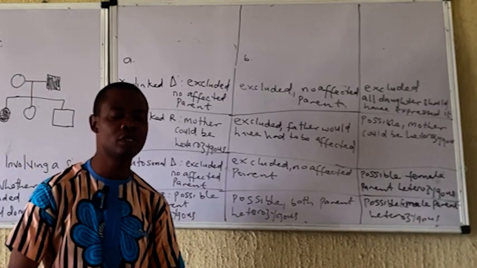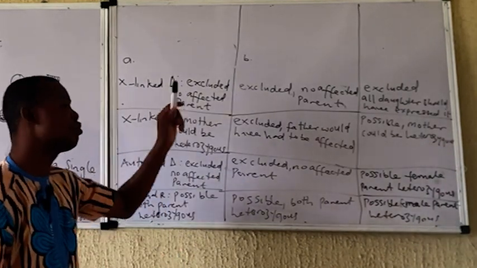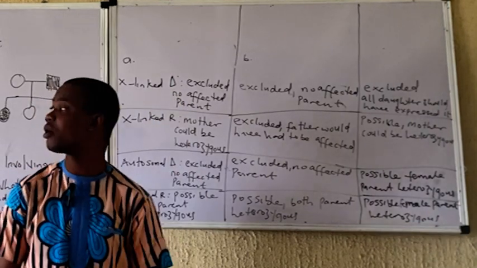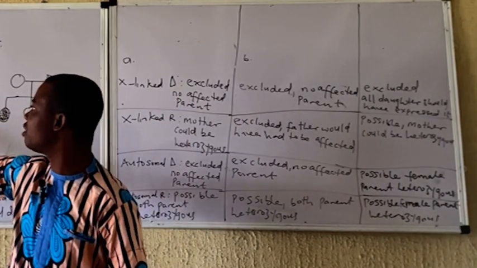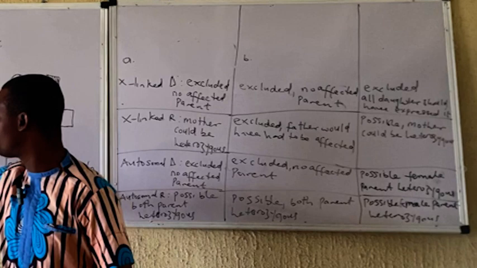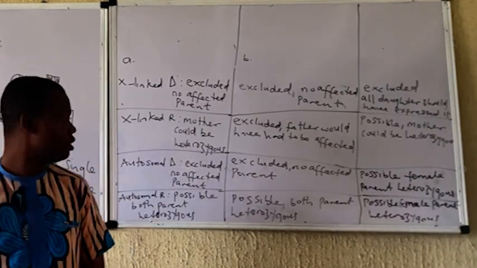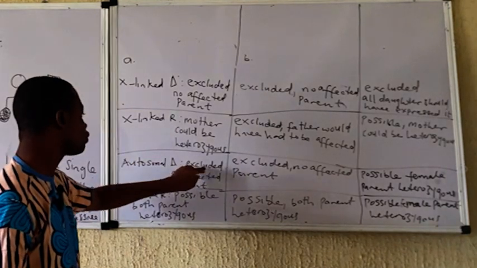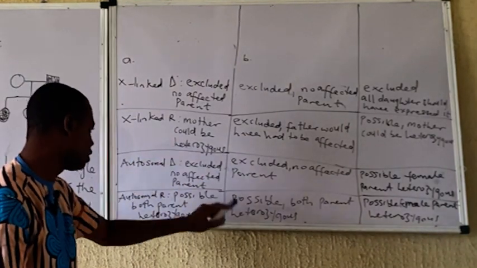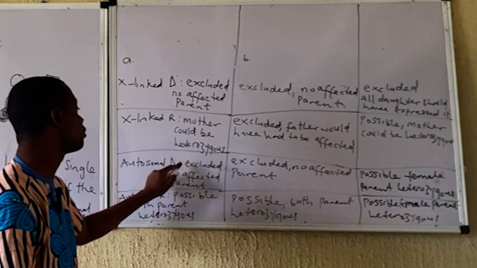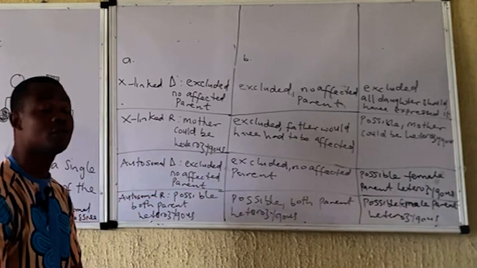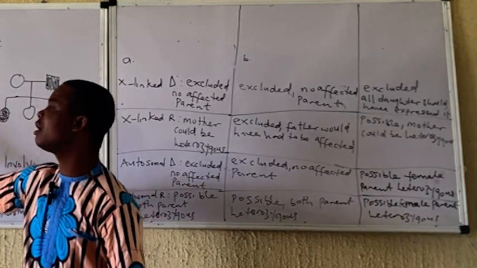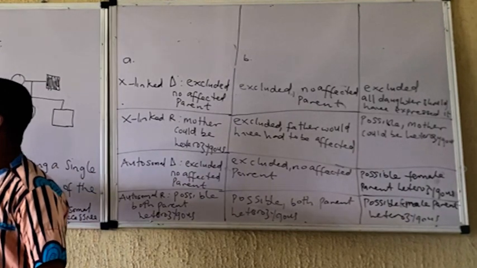Why are we excluding X-linked dominant? The reason is based on the rule: unaffected parents cannot produce affected children. The same thing is applicable to autosomal dominant, which can also be excluded, because based on the rules, unaffected parents cannot produce affected children.